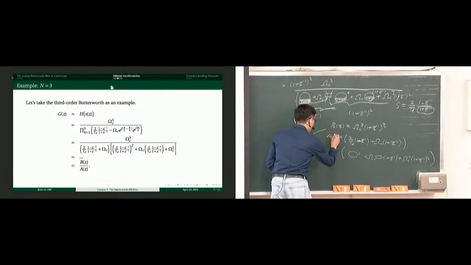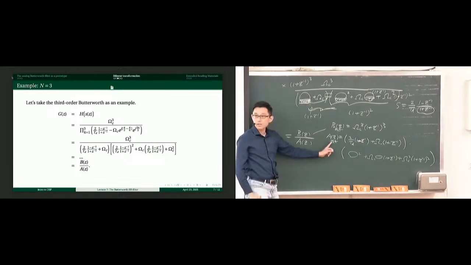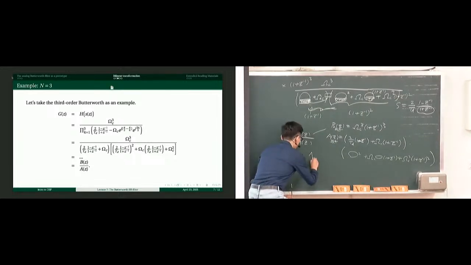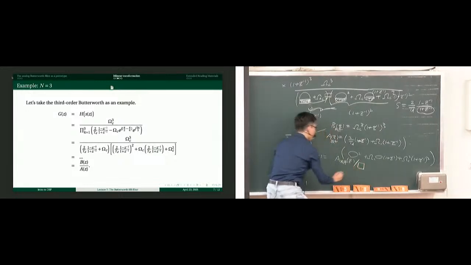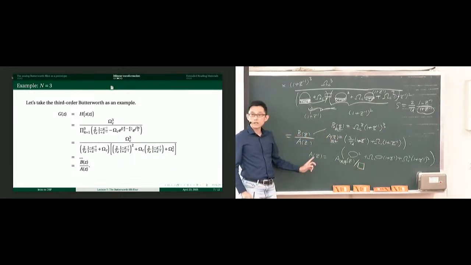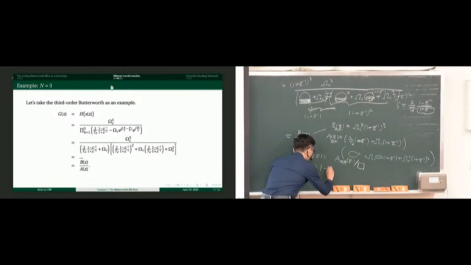This can be called A-almost, B-almost. But then we still need to normalize, so that the final A of z should be A-almost of z divided by some kind of constant, so that A of z is equal to 1 plus something z inverse plus something.